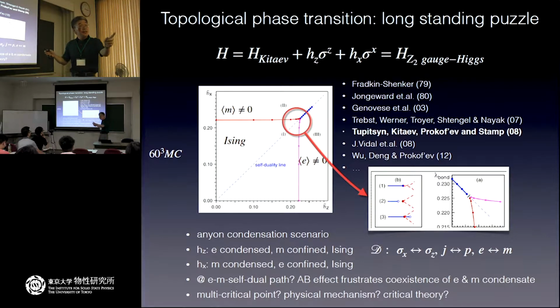Maybe there's a reason this first order transition can be understood. Because this electric charge condensed phase and the magnetic flux condensed phase, both phases are topologically trivial. So in the beginning you don't expect a continuous phase transition.